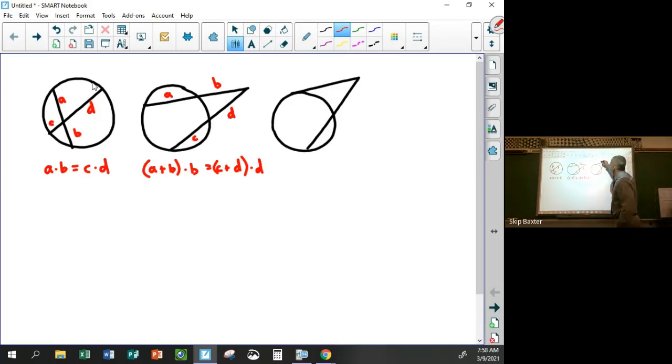And if this is labeled like A, B, and C, then the whole secant, B plus C, times the outside part, C, equals A squared.